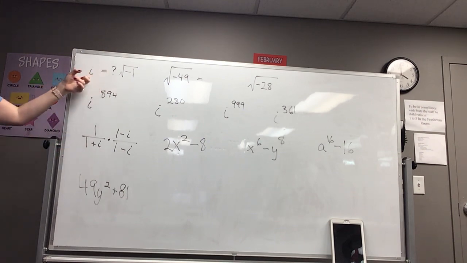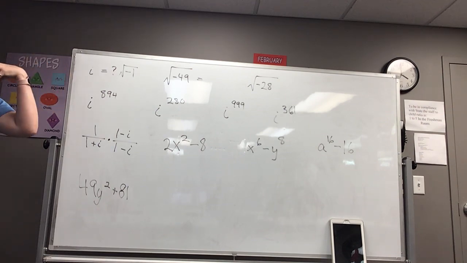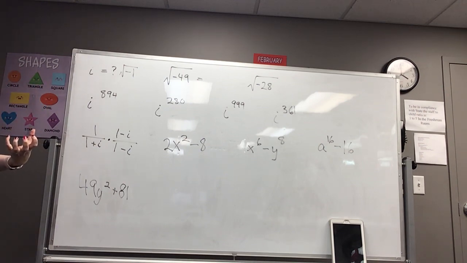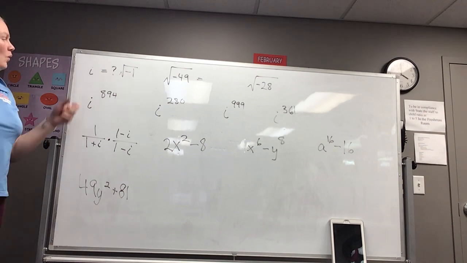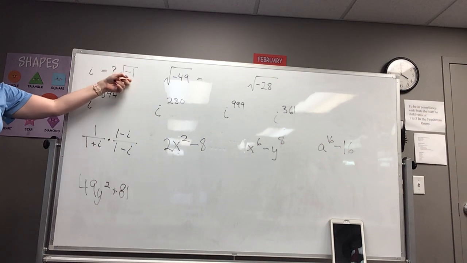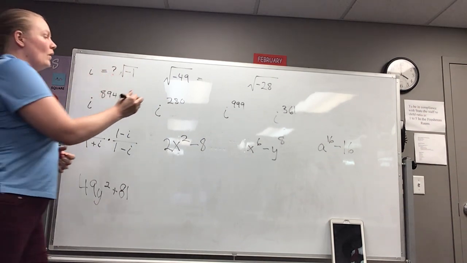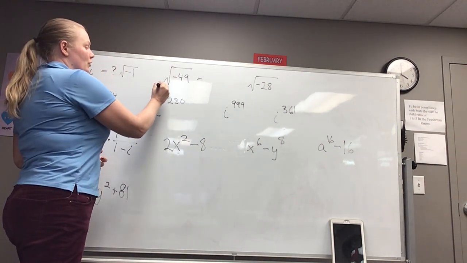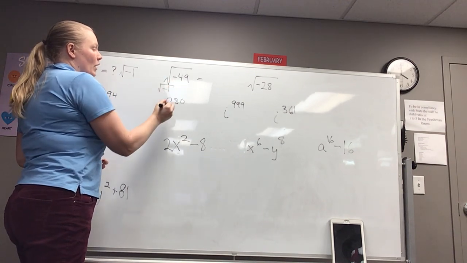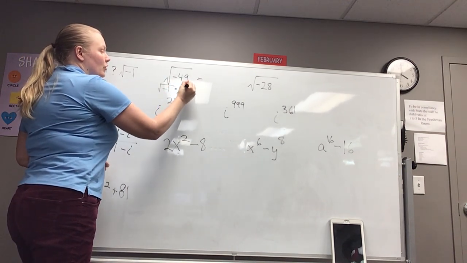But this i, equal to the square root of -1, allows us to just set aside the fact that it doesn't really exist in the number sense that we know it and still work with it. And interestingly enough, later on in physics, they discovered it's not quite imaginary as they thought. It's a bad name for it, but it's already grandfathered in. So what we can do is use this i to break this up into the square root of -1 times the square root of 49.